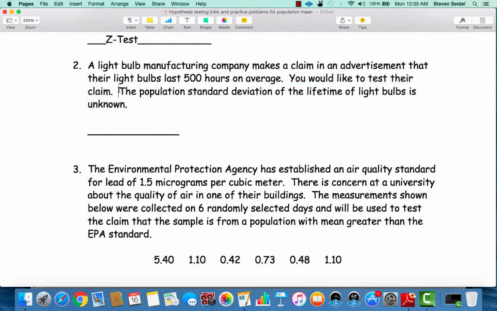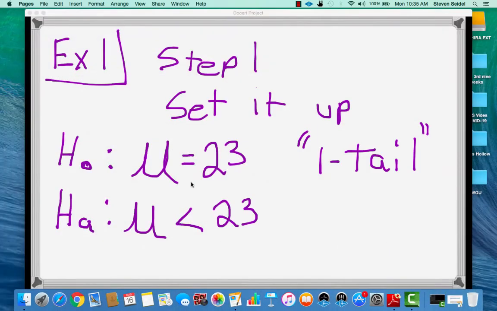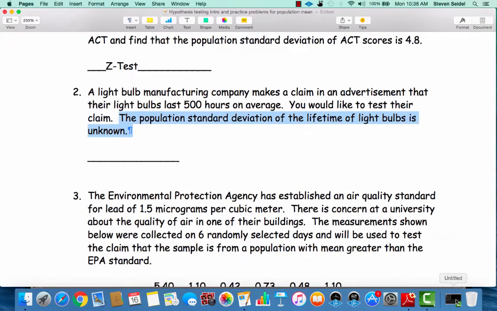The population standard deviation of light bulbs is unknown. So tie in what you did yesterday with classifying it. Now, when you're writing the null and alternative hypothesis, the Z or T test in this setup is no different.